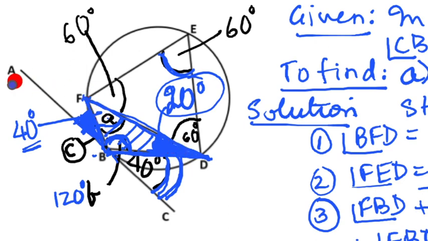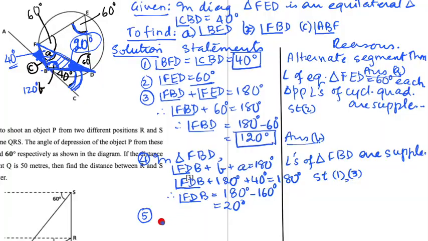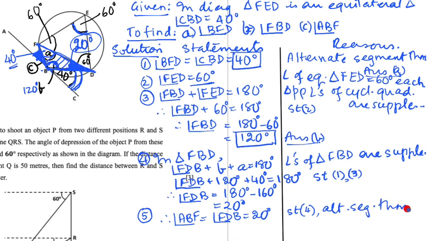So angle ABF is equal to angle FDB is equal to 20 degrees, and this is from statement 4, and again we are making use of the alternate segment theorem, and that is our last answer, and that is our answer C.